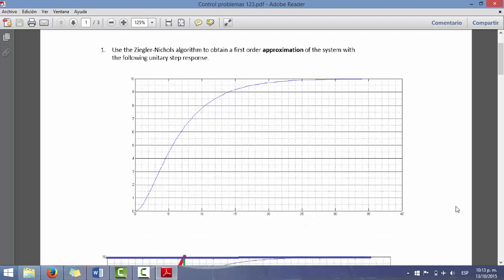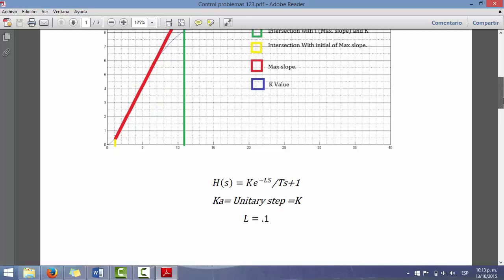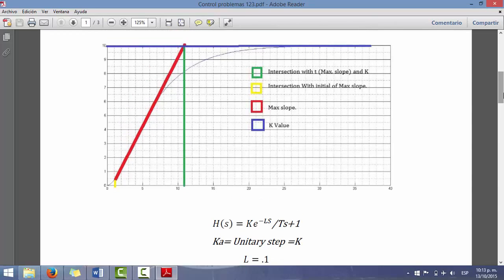We have this graph, and we can obtain some values by finding the maximum slope of that curve. At the point of the maximum slope, we draw a vertical line and intersect it with the time axis, and we can obtain the value of L, that is 0.1 in this case.